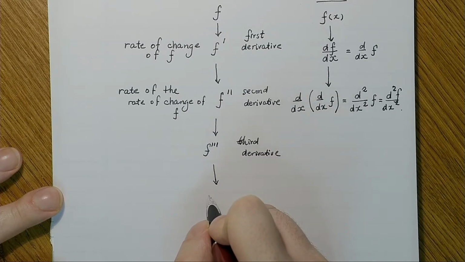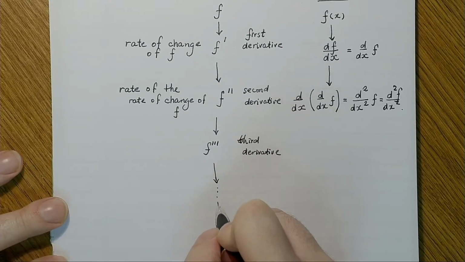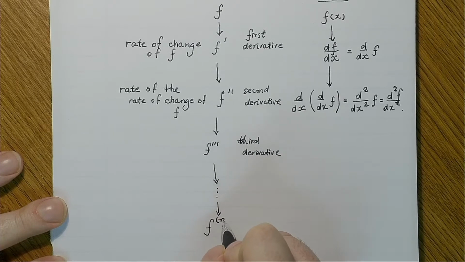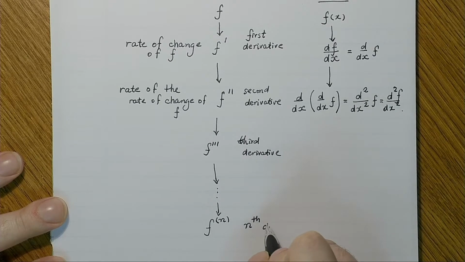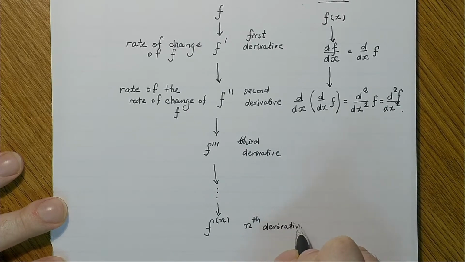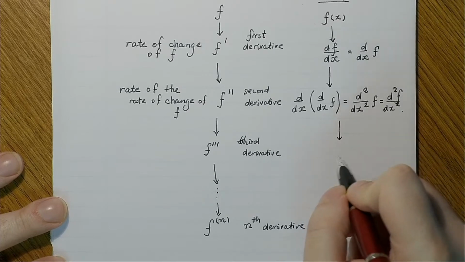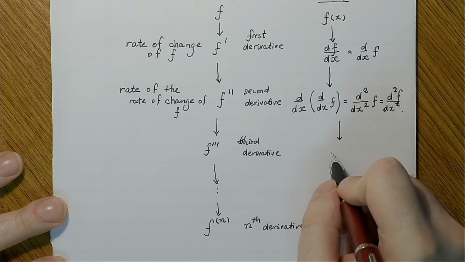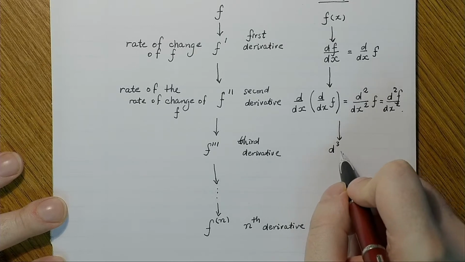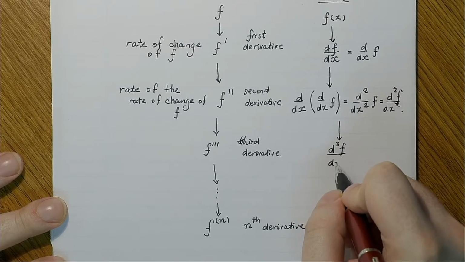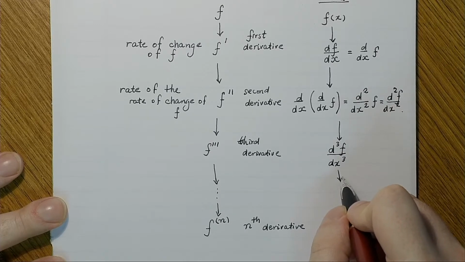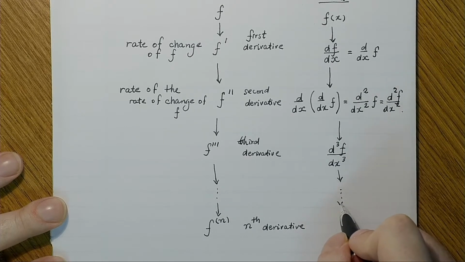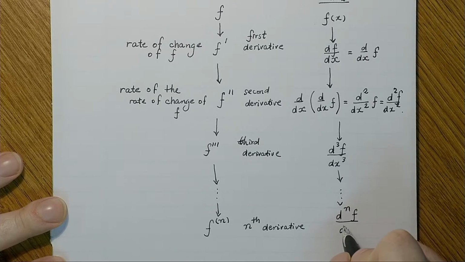Gets a little tedious after a while, so then we can get to the nth derivative. And similarly on my right hand side here for the Leibniz notation, I can have d cubed f over dx cubed, all the way down to d to the n of f over dx to the n.